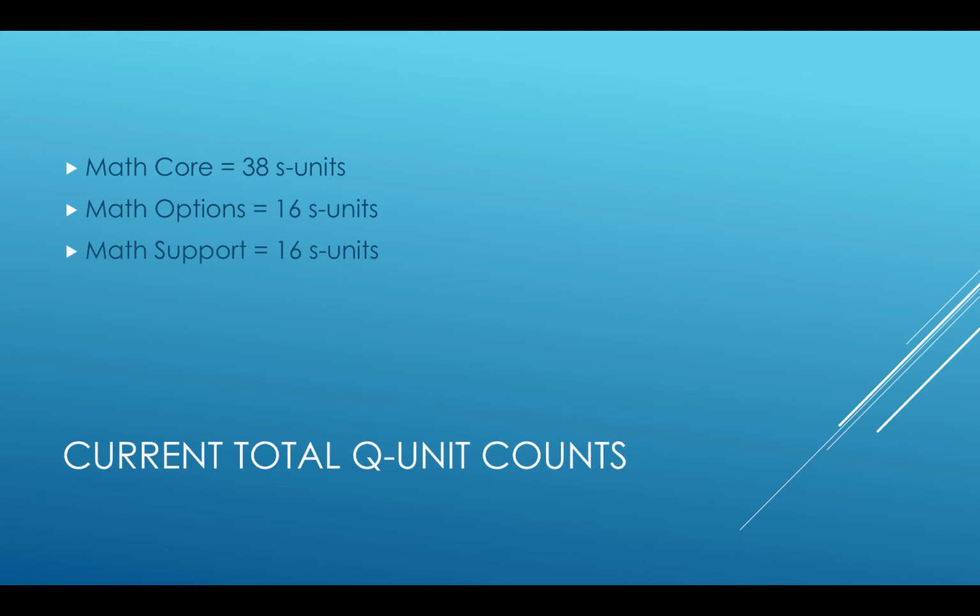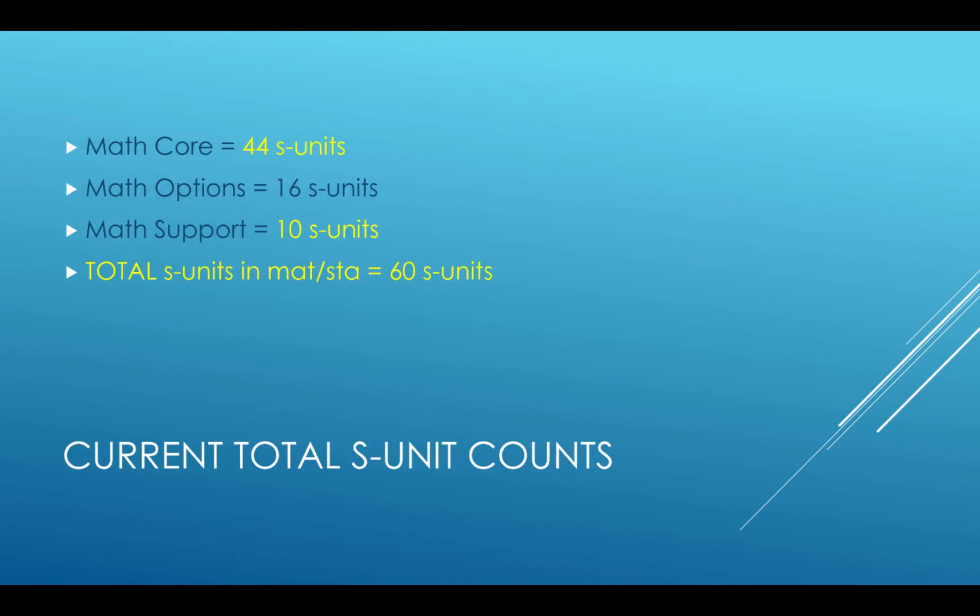Because some of the math support has math 114 and 115 in it, but then it also has physics and English courses, I did a little switcheroo, and I moved that math 114 and math 115 mentally into the math core. And so I upped that number of units there, and I lowered the number of units in math support.